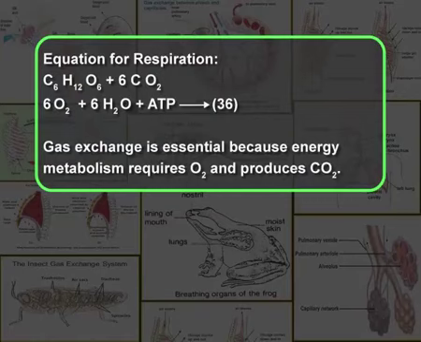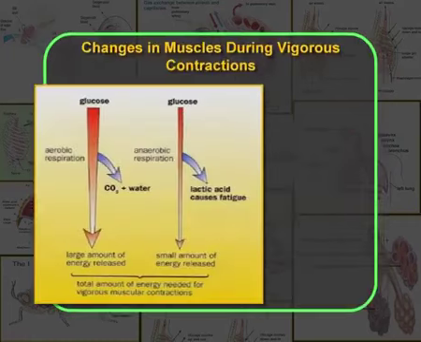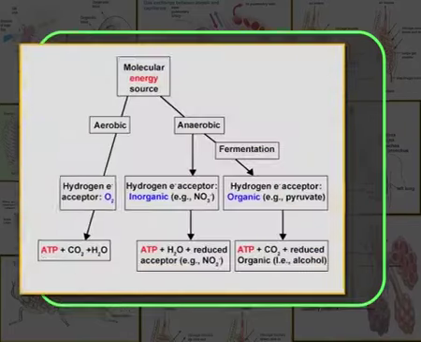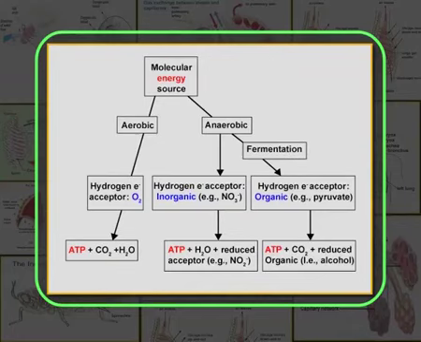Now, gas exchange is essential because metabolism requires oxygen and produces carbon dioxide. Now, in the muscles there are certain changes which occur. So, if there is glucose, in the muscles aerobic respiration takes place, there is release of carbon dioxide and water with a large amount of energy.